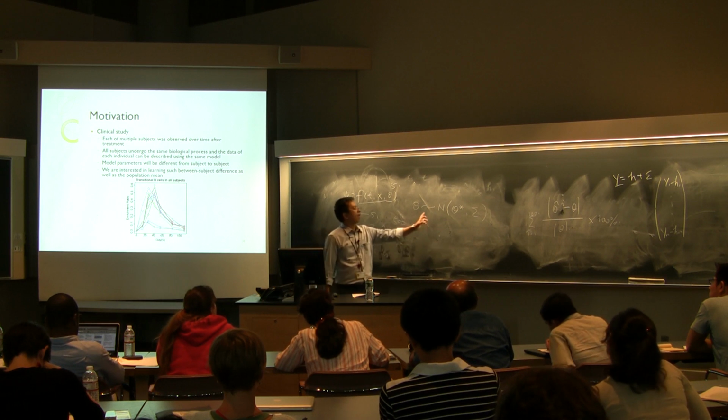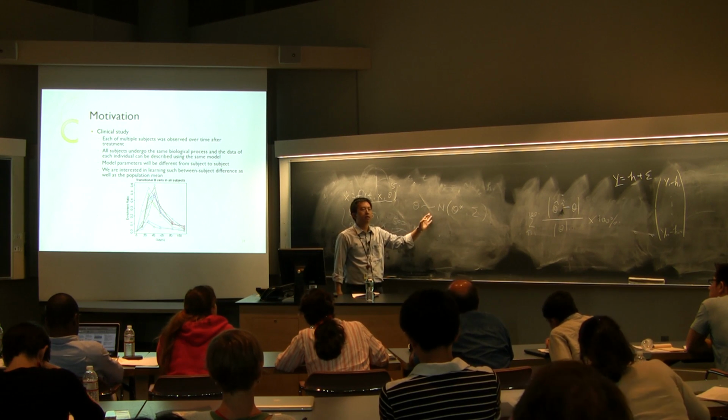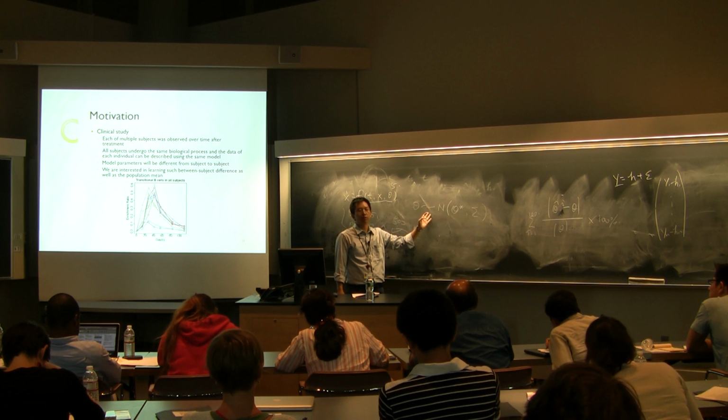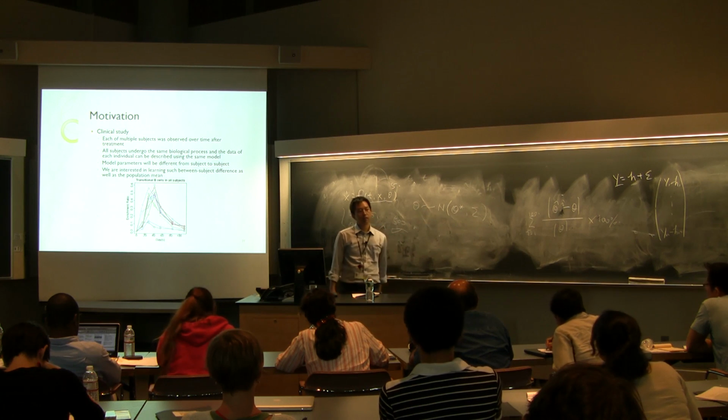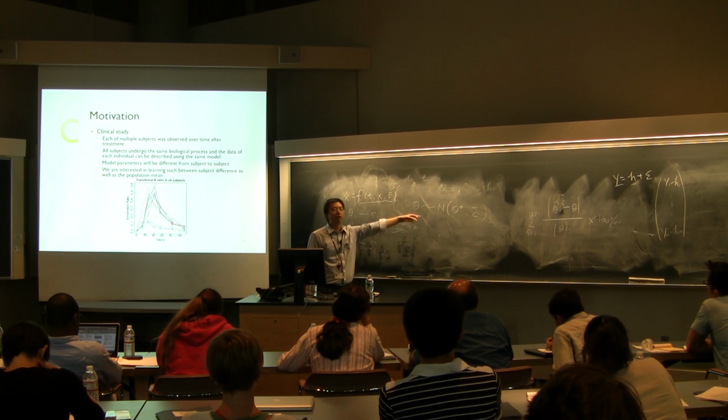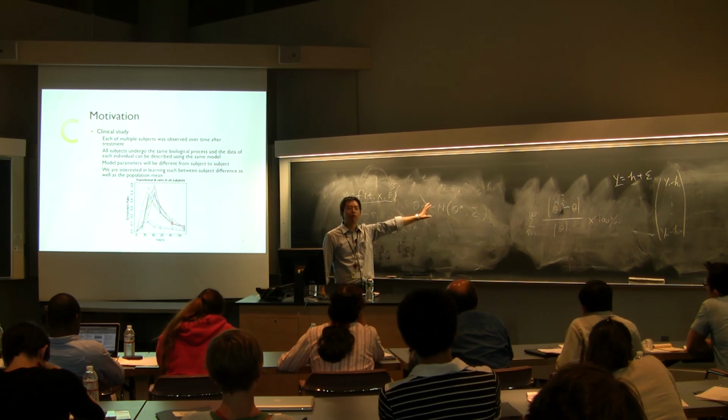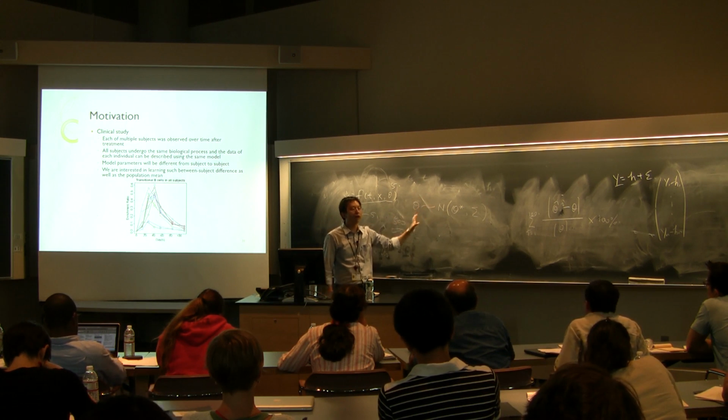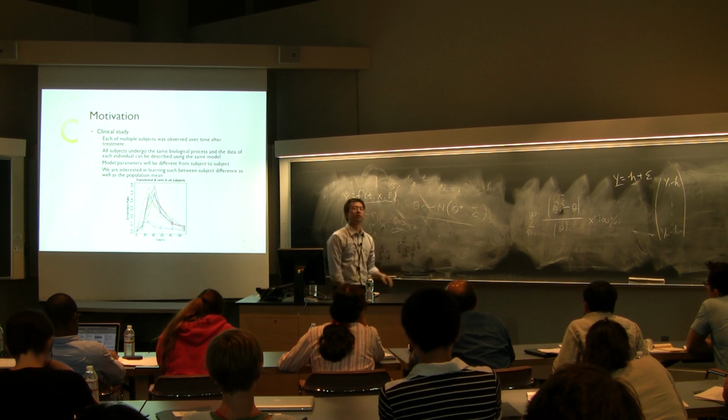Once I make this assumption, it means we assume the parameters are correlated. We are assuming that all the subjects are from the same population. That's why they follow one distribution.